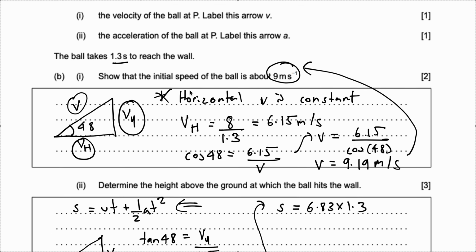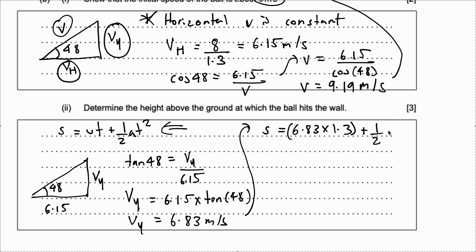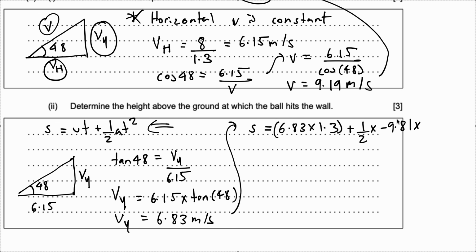It takes 1.3 seconds to reach the wall, plus half acceleration due to gravity is 9.81, but keep in mind the directions, that will be negative 9.81, times t squared, which is 1.3 squared.